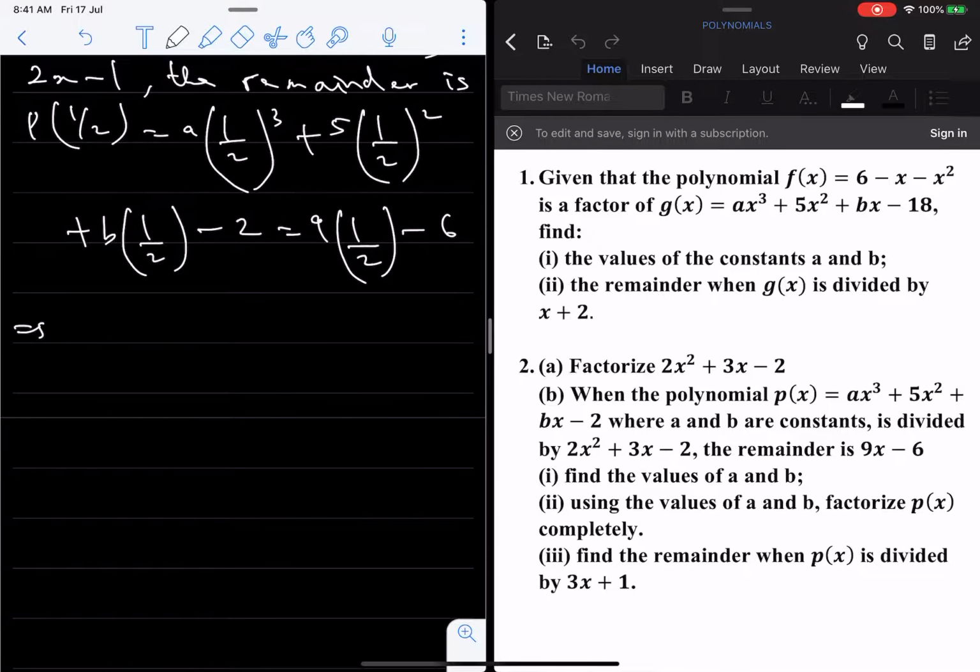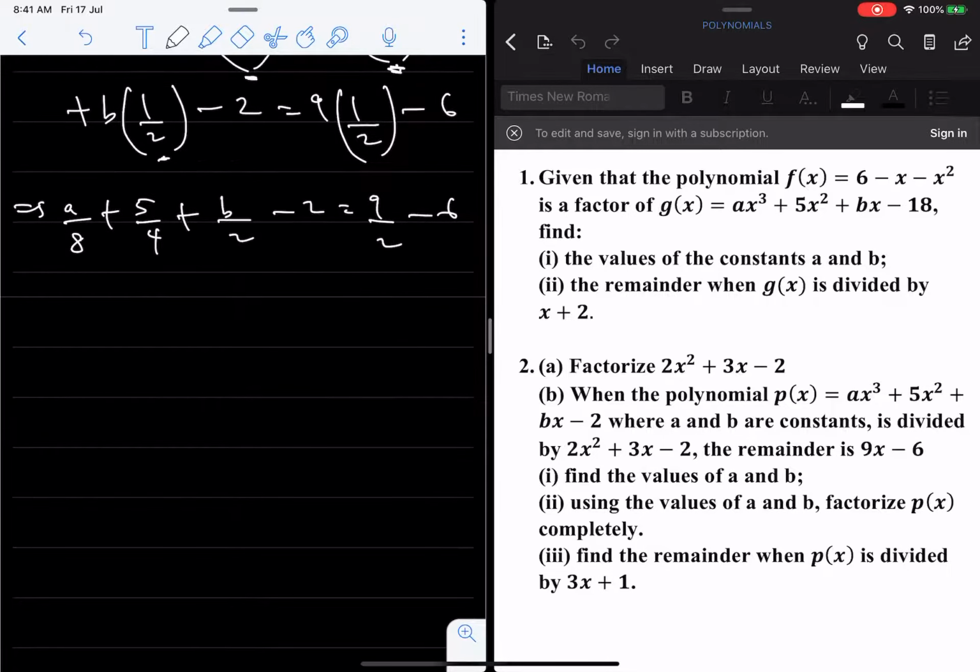Now, that simply means 1 over 2 cubed is 1 over 8 times a, that will be a over 8, plus 1 over 2 squared is 1 over 4 times 5, that's 5 over 4, plus 1 over 2 times b is b over 2, minus 2 equals 9 over 2 minus 6. We can multiply through by 8 to clear the fractions.